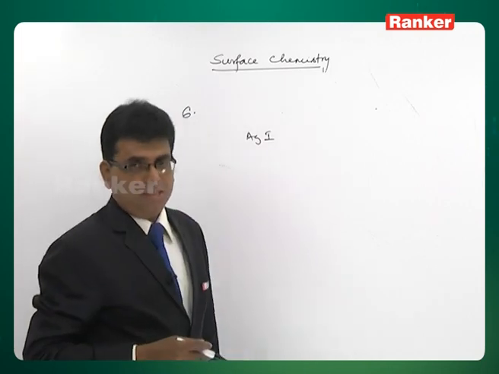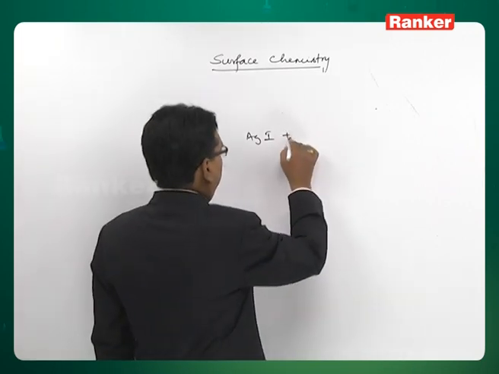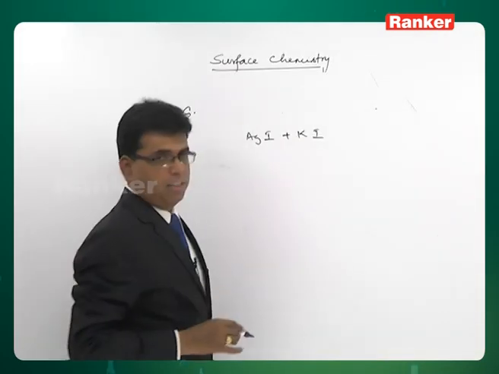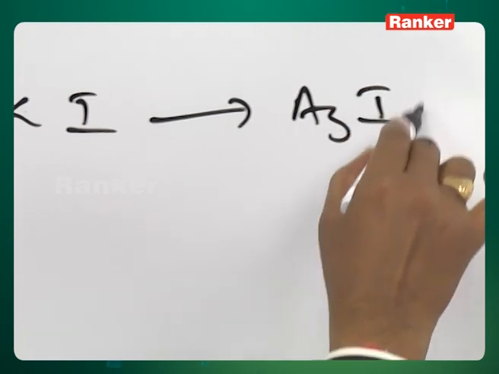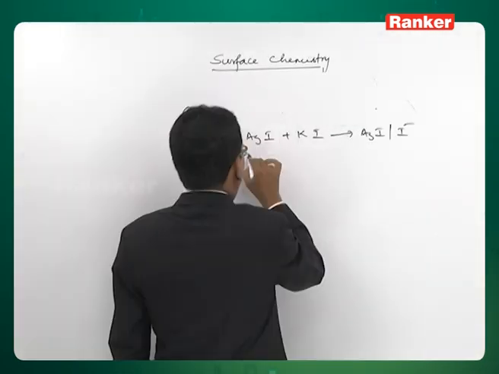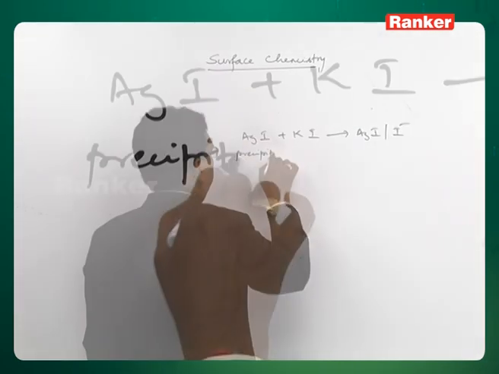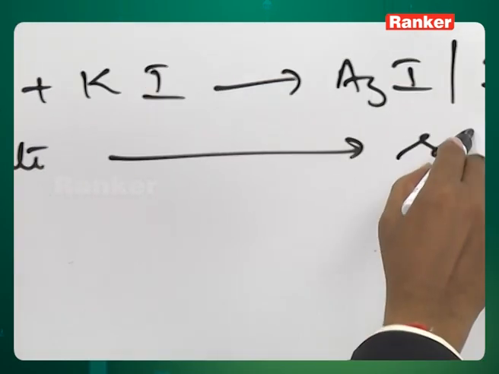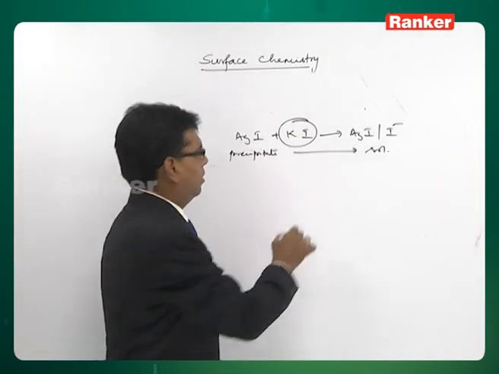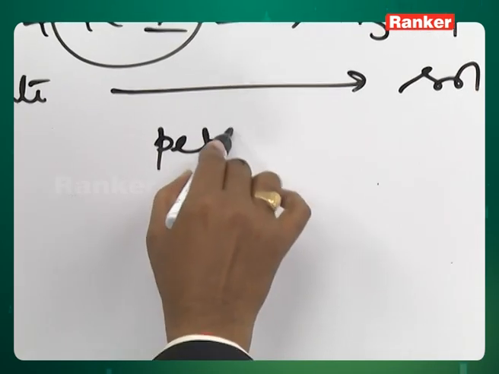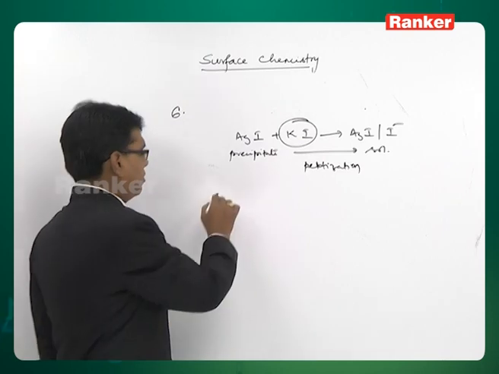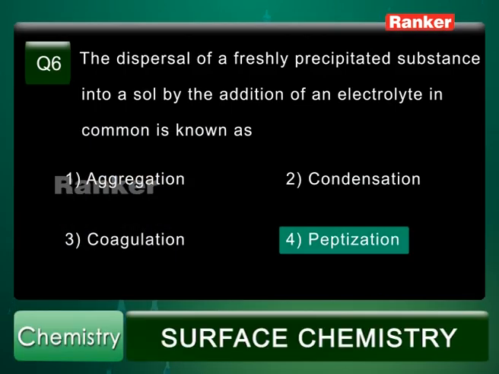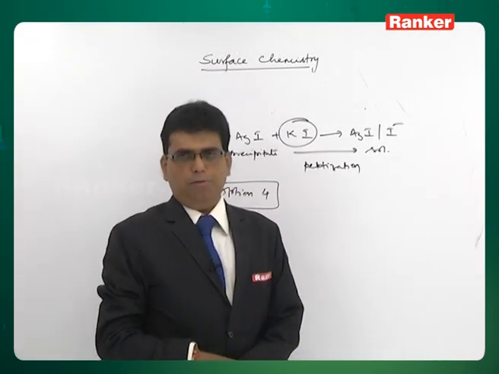Now, to this AgI, if you add an electrolyte, potassium iodide, then you will get a sol, AgI I minus. A precipitate is converted into a sol by adding electrolyte. This is what is called peptidization. So, the correct answer is option 4.